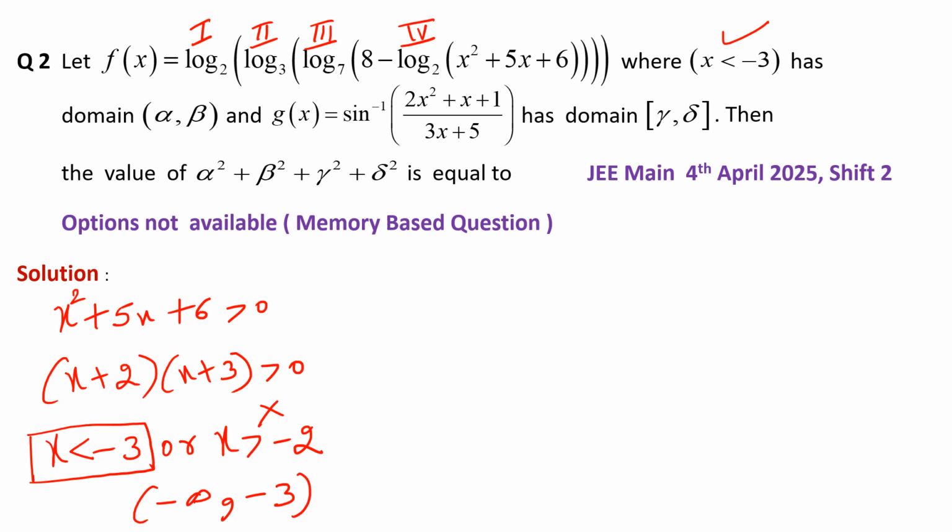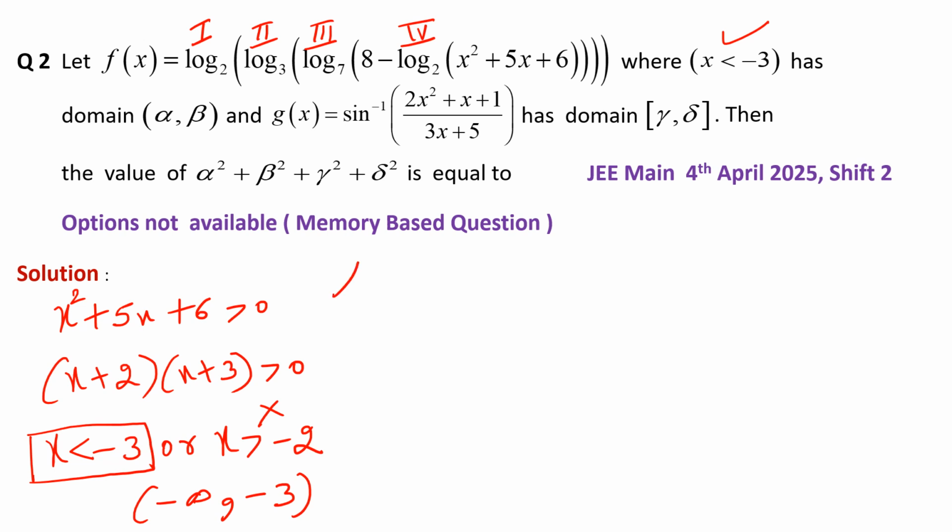And then we will have to find the intersection of all of these intervals of x obtained from these conditions. And that will finally become the domain of f of x. But this is a long process. Now to make it shorter, what I am doing, I am starting with the first logarithmic function.